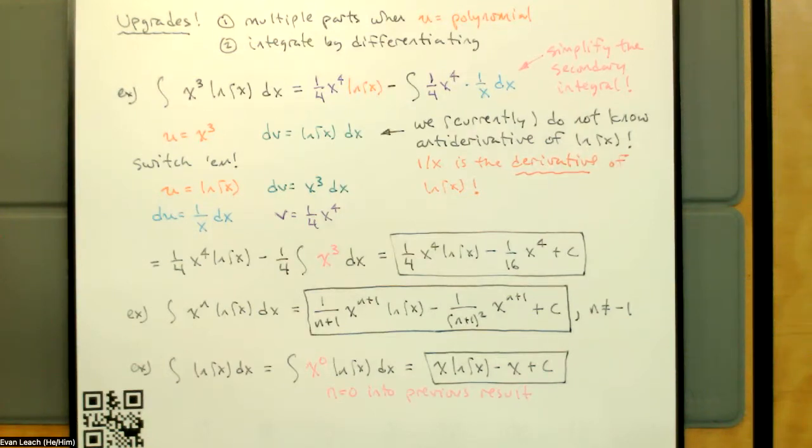This big pause is because I don't really want to do that, because it gets really messy, and this was really efficient. So I'm just going to say, you can now go back to our original x cubed natural log of x and put ln x in the dv slot, and then work out the answer.